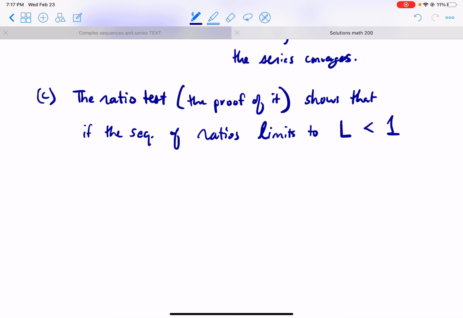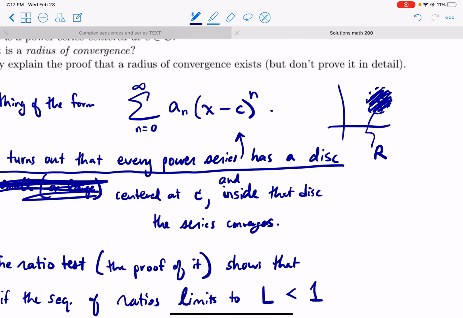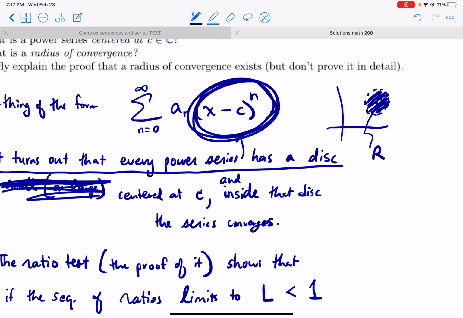But for a power series, this number will cancel with the one below it and give us just an absolute value of x minus c.